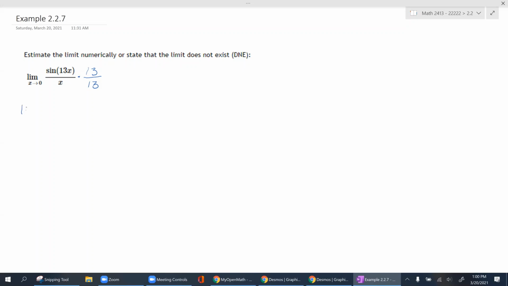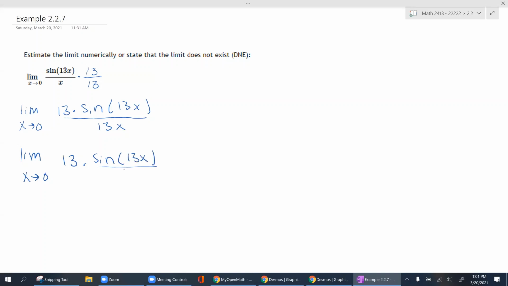So in other words, this is now the limit as x approaches 0 of 13 times sine of 13x over 13x. Moreover, one thing I can do is focus on just this limit, with two things being multiplied by each other. This is 13, and I have this entire piece.